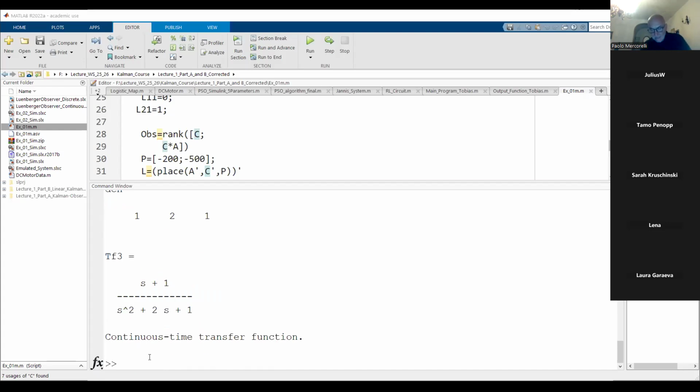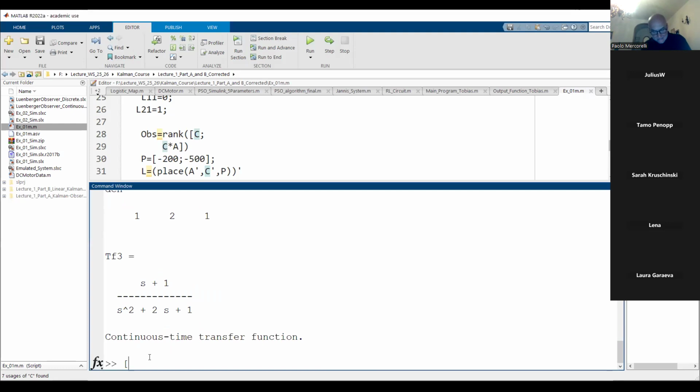The matrix is C, semicolon means we start with the second row, C multiplied by A. You remember last time I told you that we stop when A is multiplied up to n minus 1. n is 2 because n is the number of states.